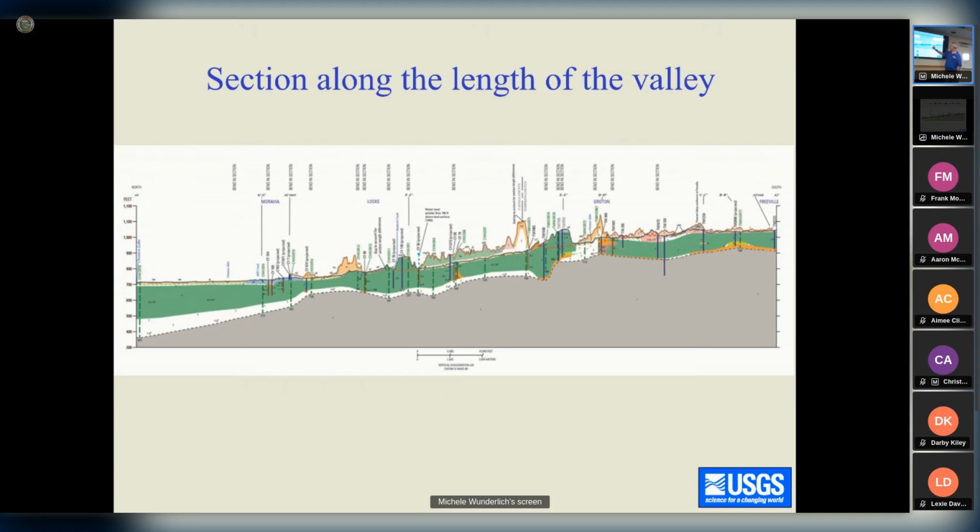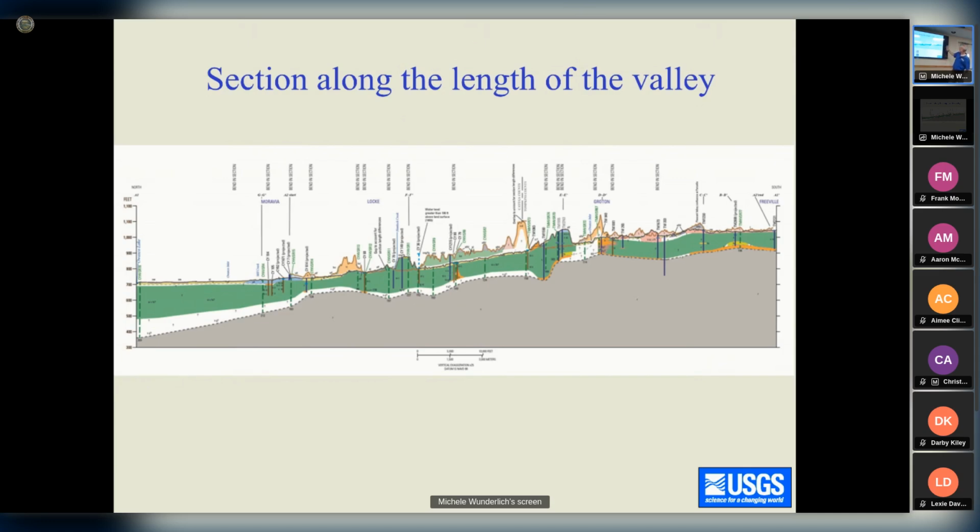But I'd say that there's this confined aquifer, more or less continuous, probably goes under Owasco Lake. There's been seismic data on Owasco Lake that suggests that these things continue.